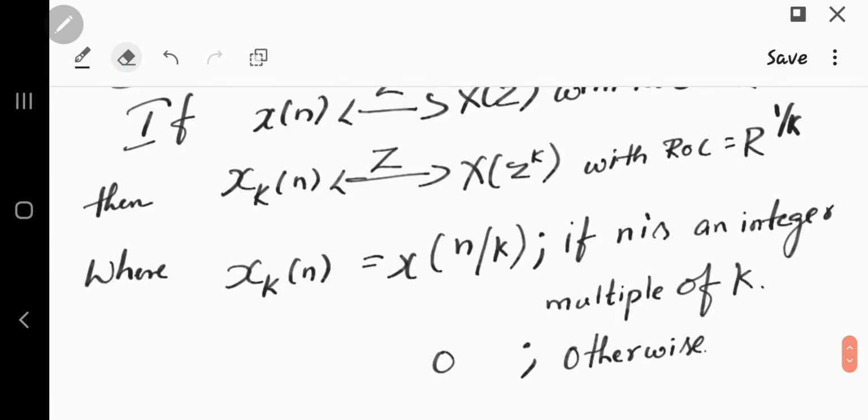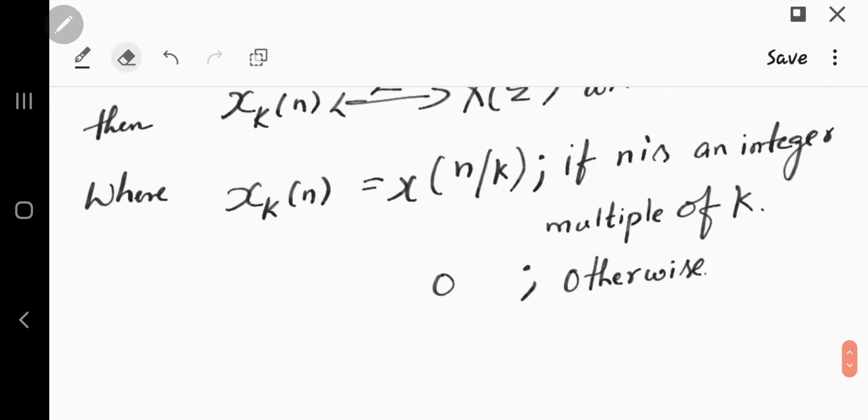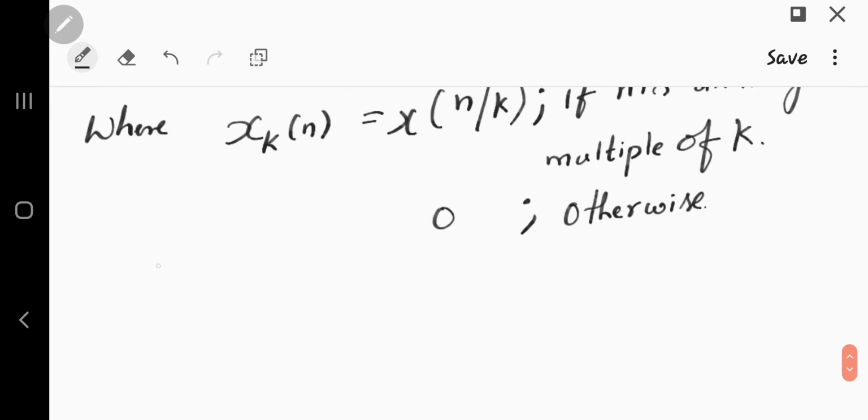But before going to that, here there is a condition, that is n should be an integer multiple of k, or it will be 0. Why? Because this is a discrete time signal, and if you take k is equal to 2, just for instance, you will get x_2 of n is equal to x of n by 2.